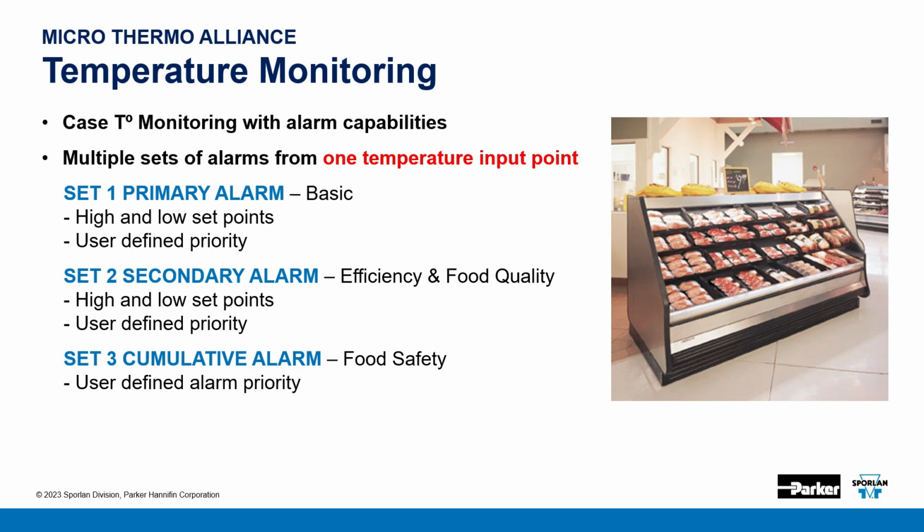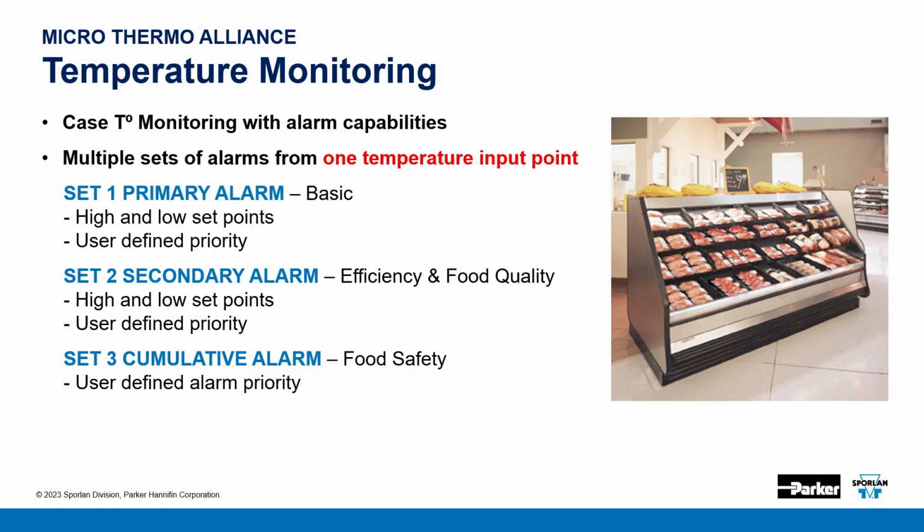Set 2, which is a secondary alarm, usually the efficiency and the food quality staff wants that alarm, and they can have their own specific high and low set points and user-defined priority. And finally, set 3 is a cumulative alarm. Food safety and monitoring staff usually likes this alarm, and again, has its own time period, has its own user-defined alarm priority.